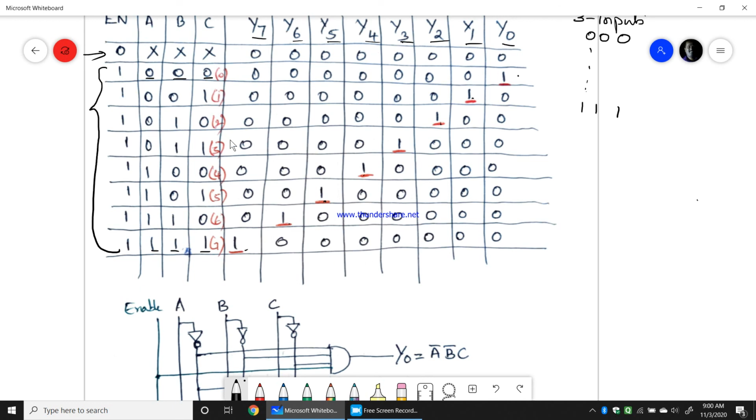Now if I need to write the expression for this, y0 is 1 where all others are 0. That 1 is obtained when 0 0 0. Therefore y0 is A bar, B bar, C bar.